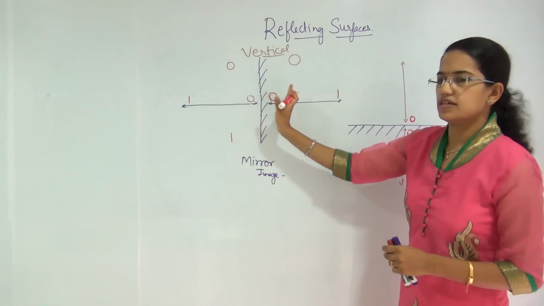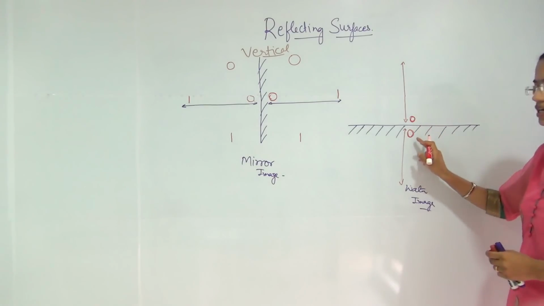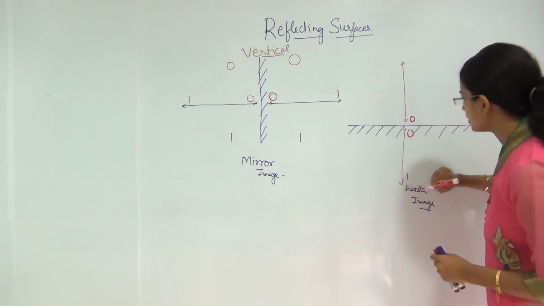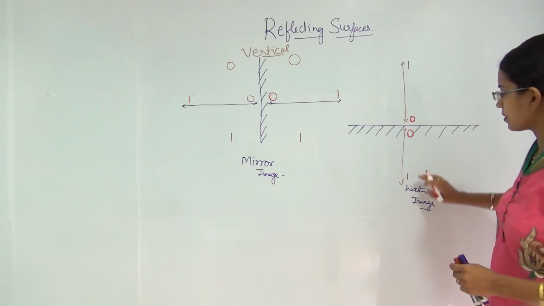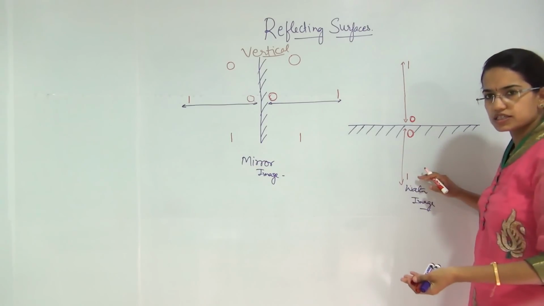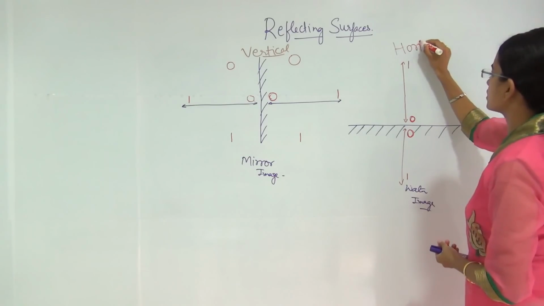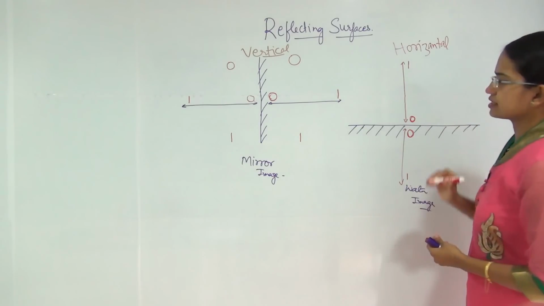As we can see, at the reflecting surface, what is closest remains the closest, so the closest circle would remain the closest, and the line which is farthest would remain the farthest in the horizontal mirror or a water surface. So I can say this is an example of a horizontal plane or any horizontal reflecting surface.